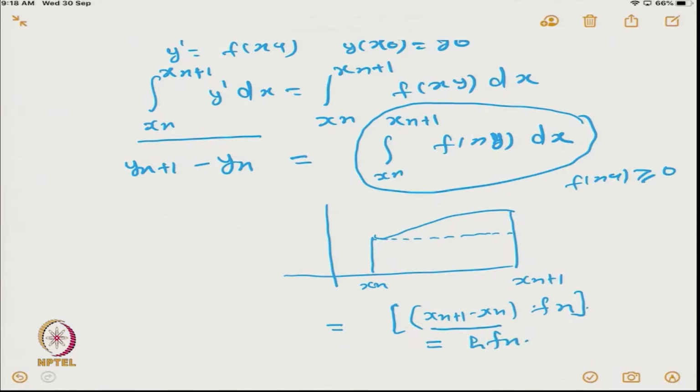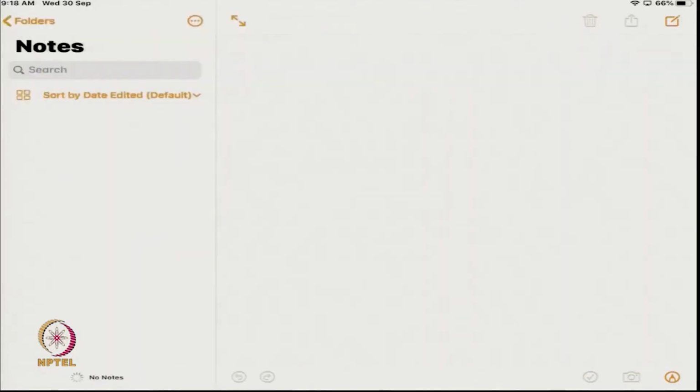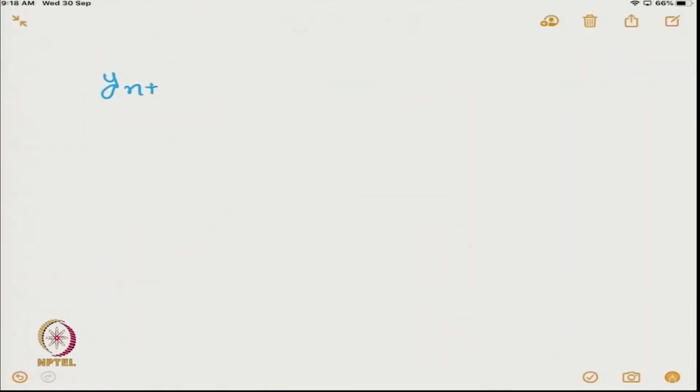So it is the forward Euler method. And if I choose a sample point here at the right hand, in that case yn plus 1 minus yn will become h times fn plus 1. So it corresponds to the backward Euler method.